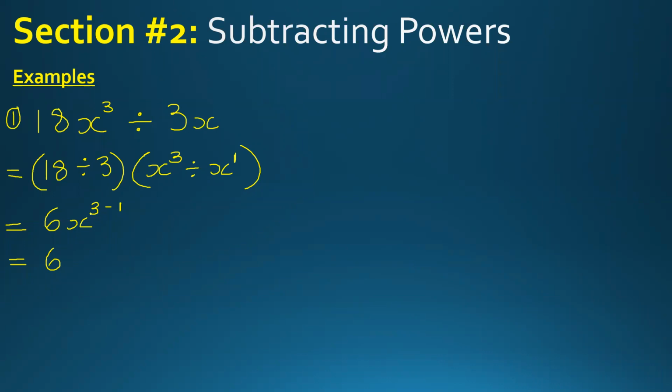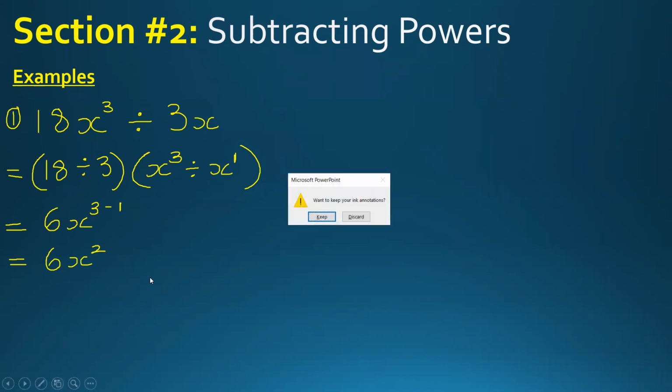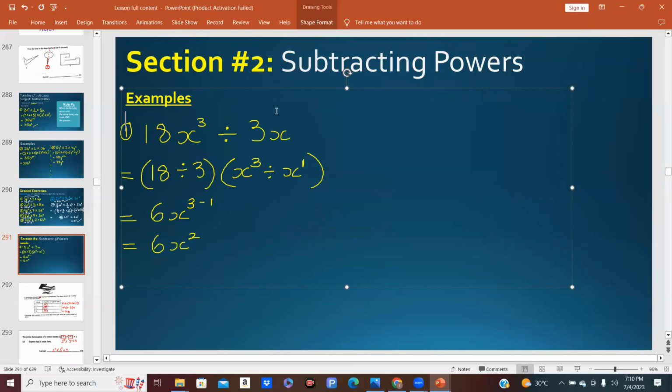Okay, so x to the power of 3 minus 1 is going to be what? What is 3 minus 1? X squared, very good. X to the power of 2. So let's make a note of our rule.